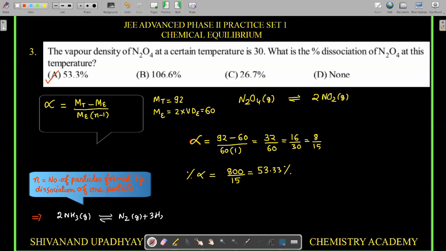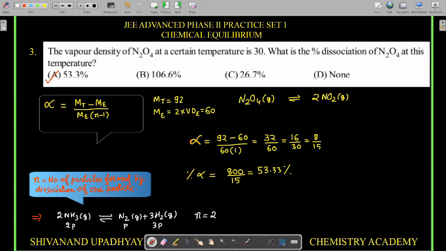If I have to write the value of n, we know that when 2 particles of ammonia dissociate, 1 particle of nitrogen and 3 particles of hydrogen gas are formed. So by dissociation of 2 particles, 4 particles are forming. So here the value of n is equal to 2, because by dissociation of 1 particle, 2 particles will form.